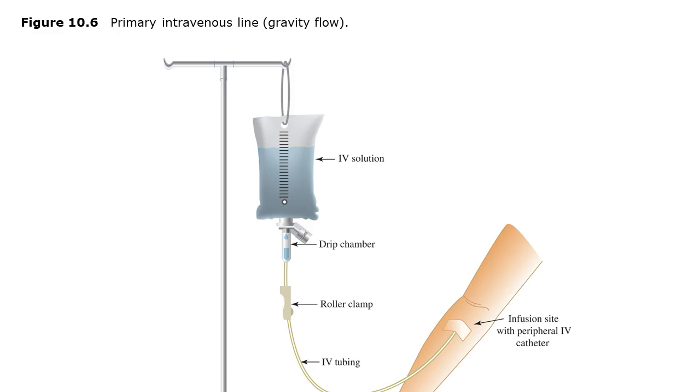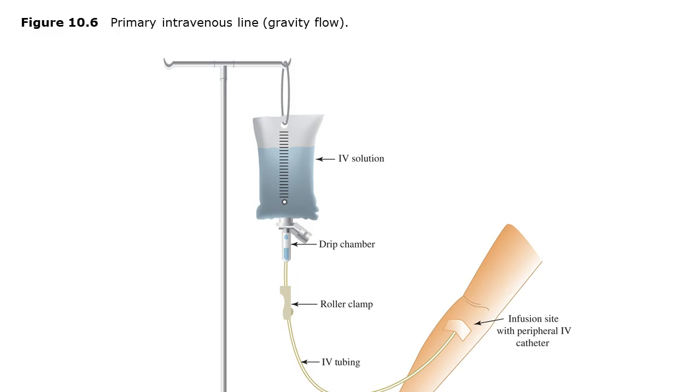Your pumps more precisely regulate that flow rate, and they can also detect an interruption in the flow. For instance, if your patient would bend their arm or if the tubing would get kinked, it would be able to detect that there's a constriction in the tubing and the patient isn't receiving that particular fluid.